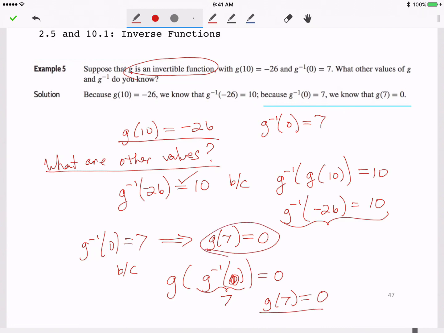We knew that our g of 7 value had to be 0, because g and g inverse are inverses and therefore have to satisfy this composition of functions. So that is a good start and an introduction to a variety of inverse function examples.